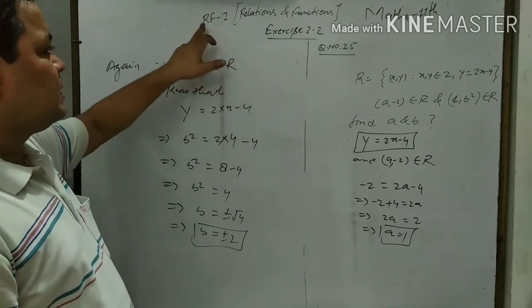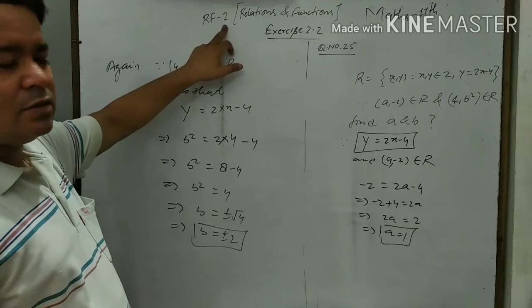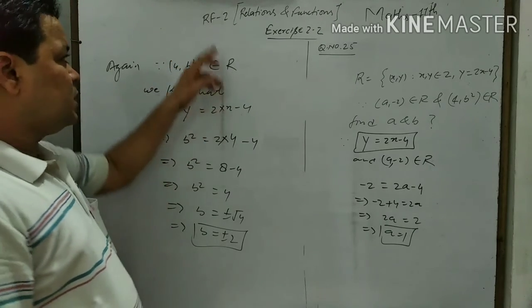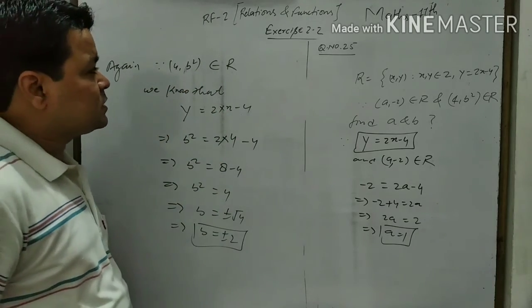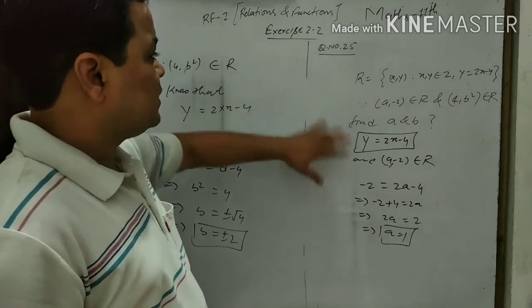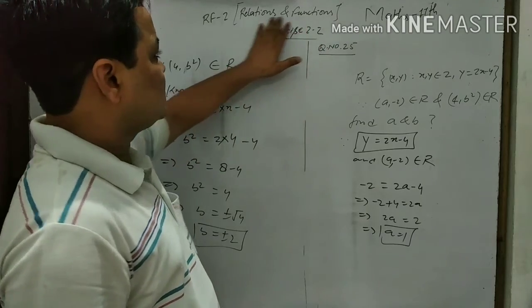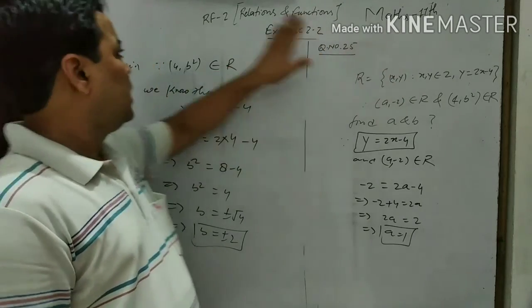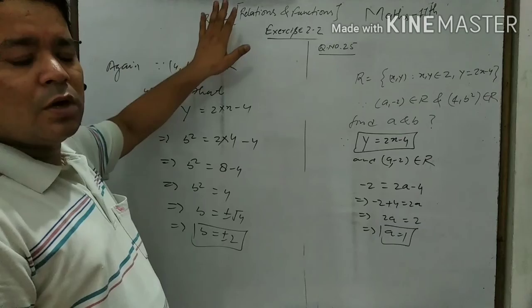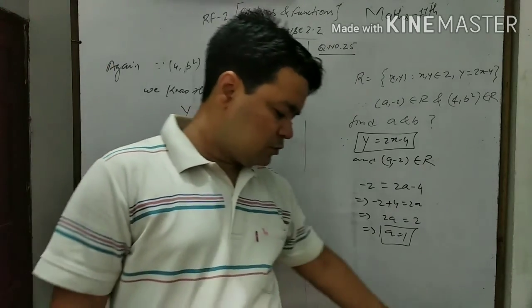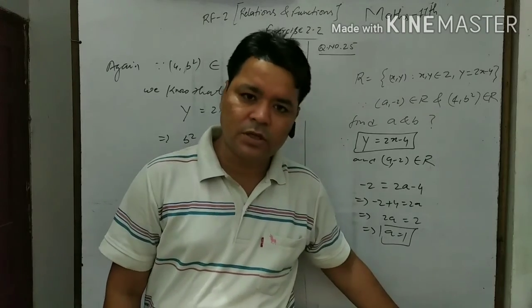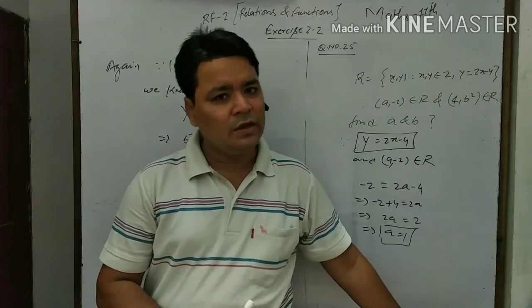This is relation and function second part, and the previous video was relation and function first part. So the series of videos for this chapter, relation and function, will be RF1, RF2, RF3, like that. In the next video class we will discuss functions, only functions.